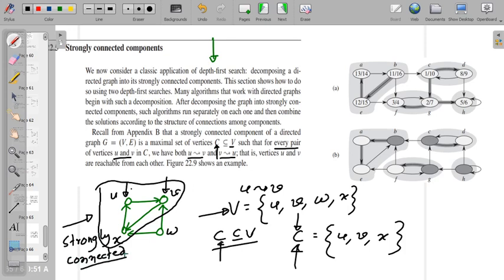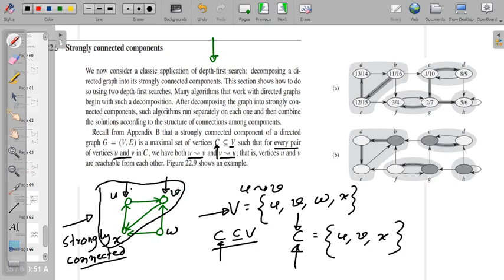Now, can you tell me whether this portion, what I have segregated, u, v, and x, is it strongly connected? V and x? Yes, sir, v and x is strongly connected.